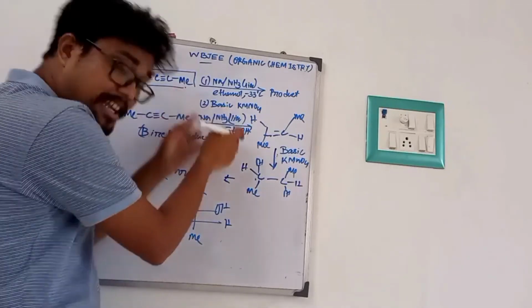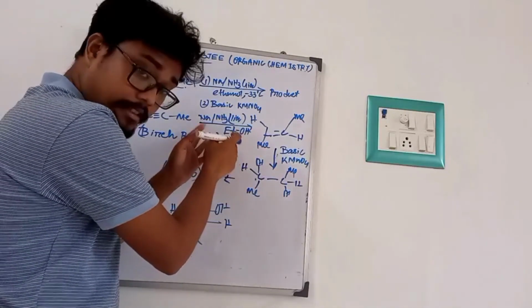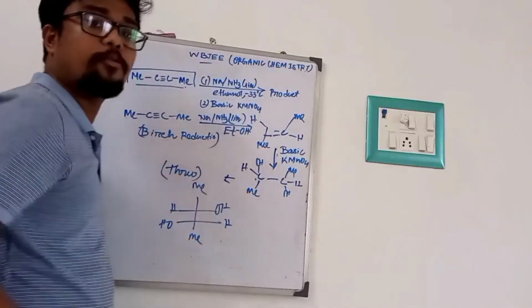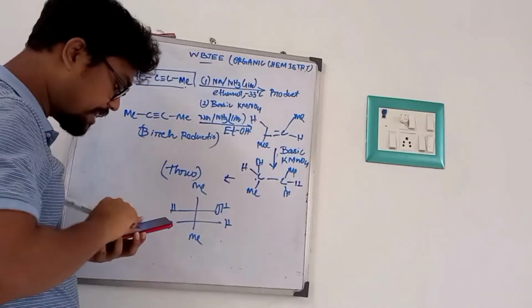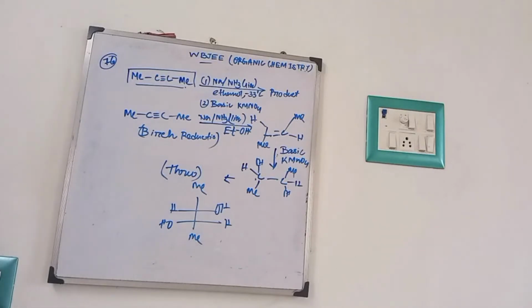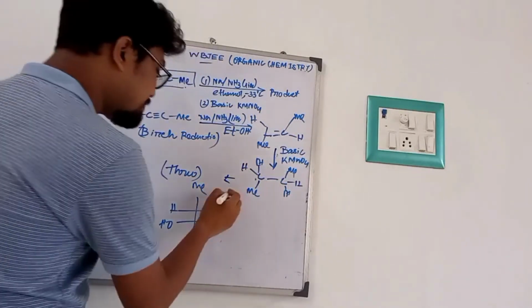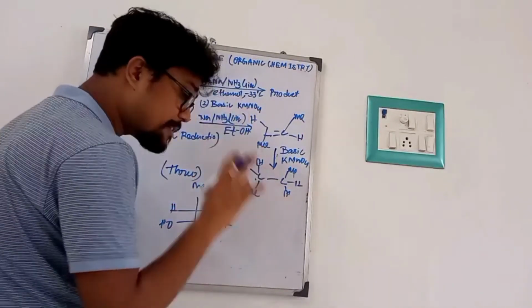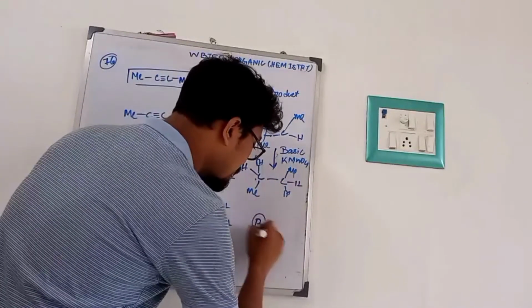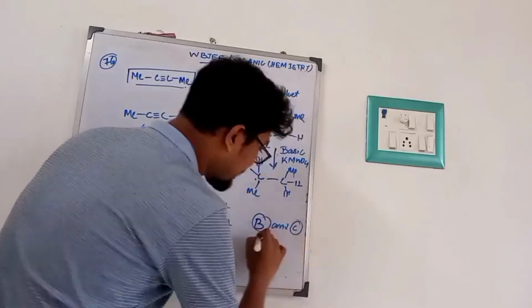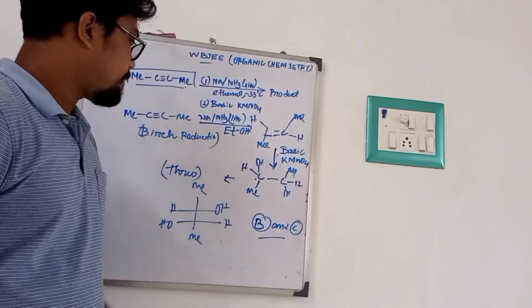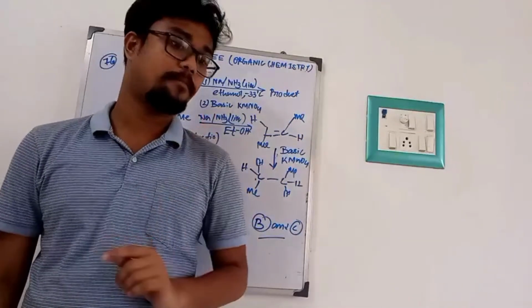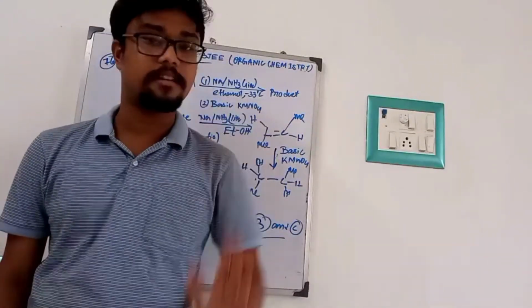If it were Li/H2, then erythro product would be formed. This is a stereoisomer and it goes by syn addition. So in this case there are two stereoisomers present in the options, B and C. Both can be correct. Okay, this is our second last problem, and I will go to the last problem based on carbonyl chemistry again.